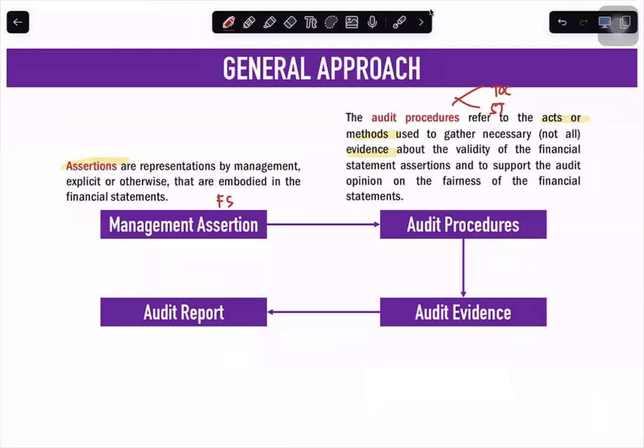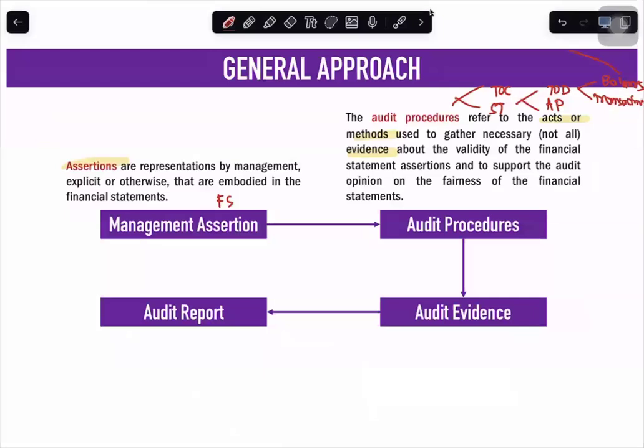By the way, whenever we talk about substantive tests, it is composed of tests of details, and then we have also your analytical procedures, tests of details or analytical procedures. And whenever we talk about tests of details, you either test the details of balances or test the details of transactions.